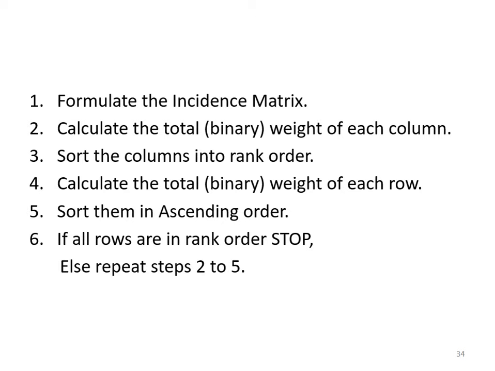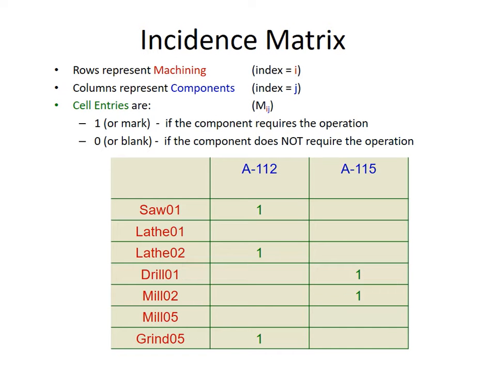Or else we need to repeat steps 2 to 5 until there is no change in rank order compared to the previous step. The same steps we will see in one particular problem.